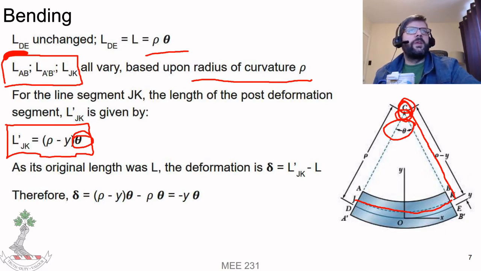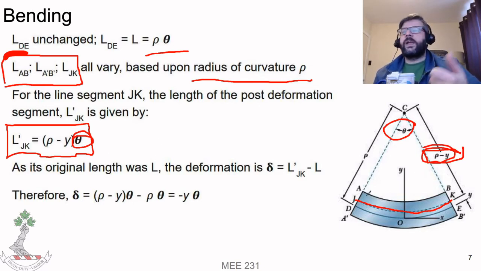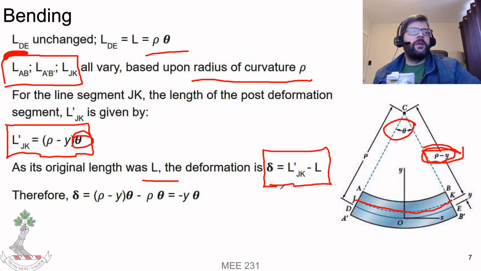So that'll be rho minus y. If we increase y, if we move up from the neutral axis, that distance gets smaller, so the length of the line also gets smaller. Since we know that the original length was L, the deformation is going to be equal to whatever we just calculated minus L.